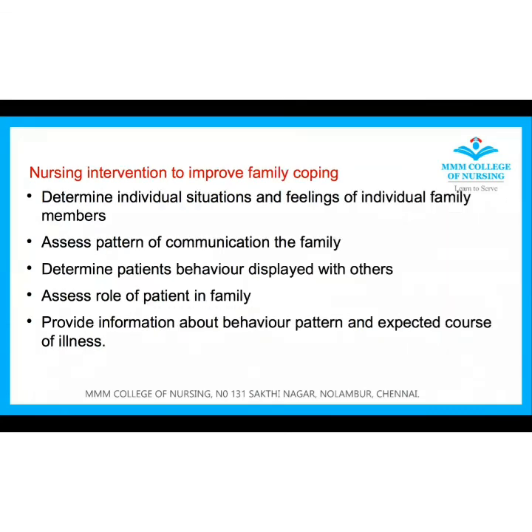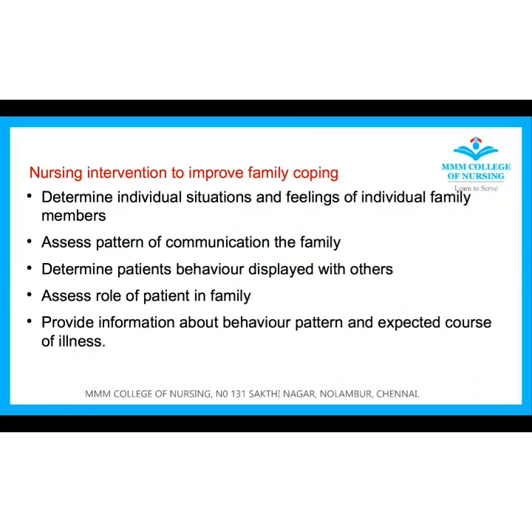Now, let us see nursing interventions to improve family coping. First and foremost, determine the individual situation and feelings of the individual family members, such as guilt, anger, powerlessness, despair, etc. Because living with a family member with such illness can foster a multitude of feelings and problems that can affect interpersonal relationships.